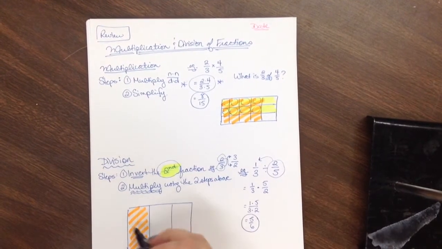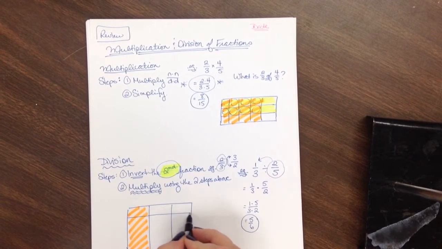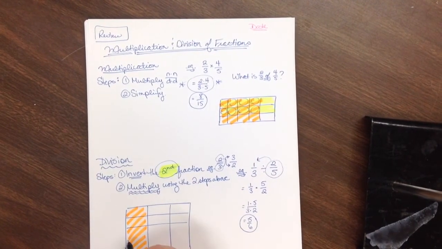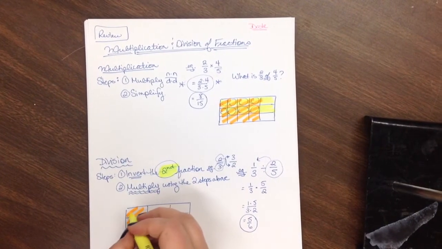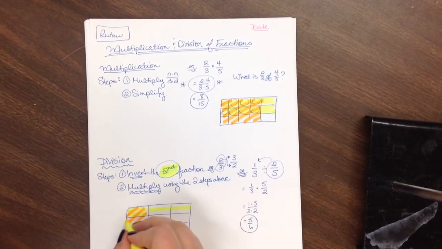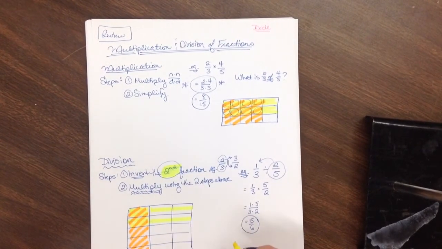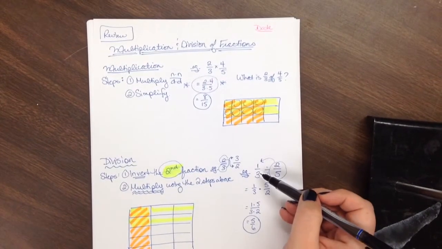So here is 1/3. Now let's divide my diagram into fifths, just like we did before. So we're going to divide horizontally now. 2, 3, 4, 5. So if I were to shade in 2/5, I would shade in here and here. But I'm trying to find how many 2/5 go into 1/3.